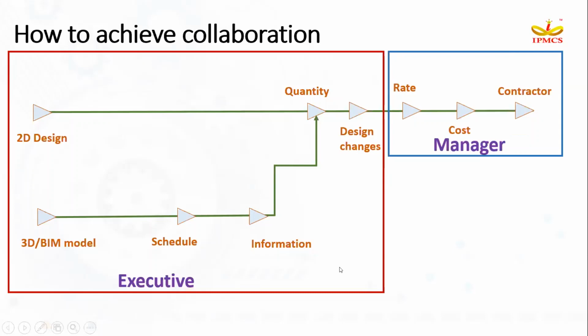If you take a single project, the junior people will concentrate more on the quantity calculation part, which covers till this stage. When we move on to the rate or project estimate, that will be managed by the manager. So if you select one single project, both people can concentrate on their work based on different scenarios.